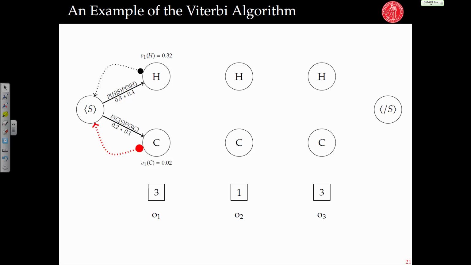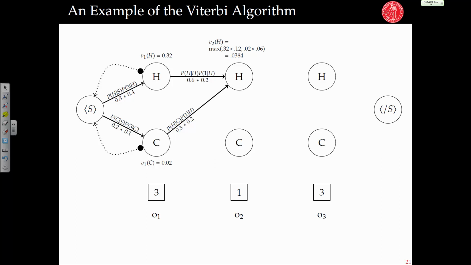But once we start looking at the next time point in our sequence, we'll have choices. We could come to H here either from the previous H or from the cold state. So now we have two choices, and we have to find the maximum probability of being in state H at time point 2, given that we have already seen observation 1.